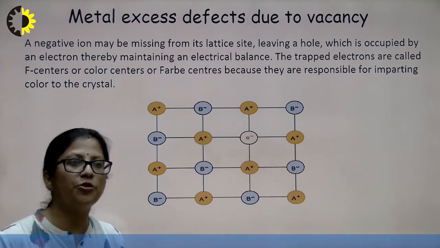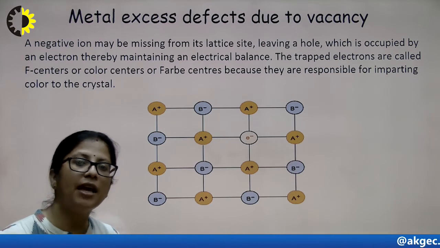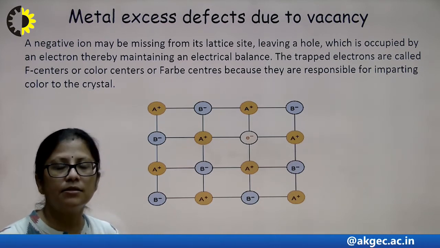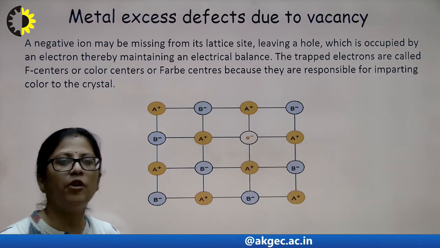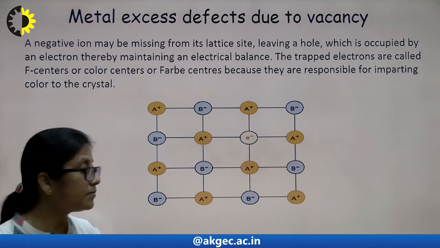Now, these electrons are called F centers or color centers or Farbe centers, because they are responsible for imparting color to the crystal.